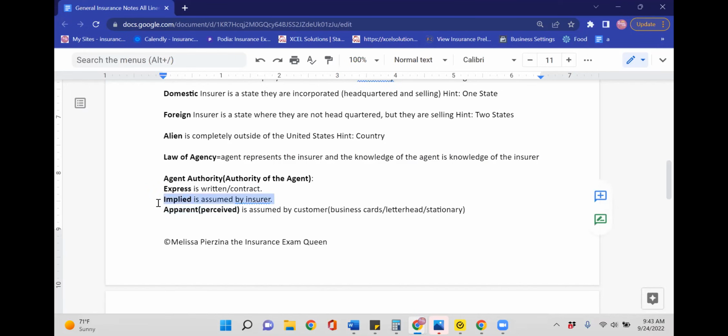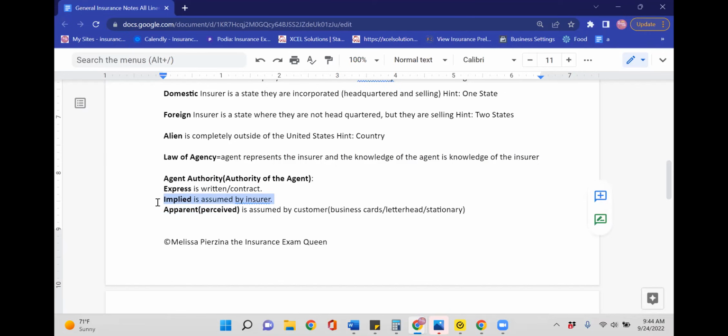The next type of authority is implied, and this is implied by the insurer. What I mean by that is they write a contract for the things that you're allowed to do for them, but they would have to have thousands of pages to write down every possible thing you may do for them.